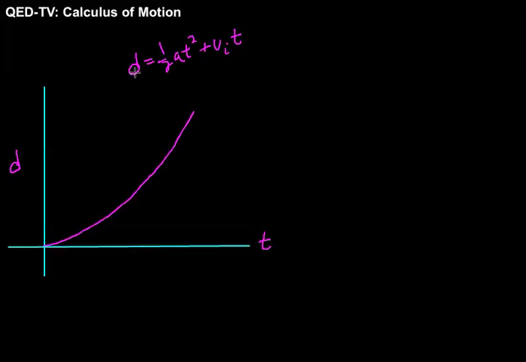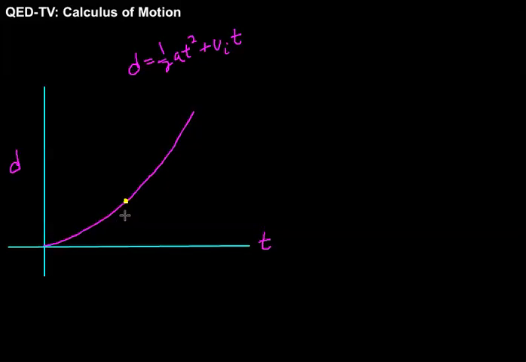We have displacement is a t squared plus a t. The t is our x values here. And so instead of using x and y, we're going to be using our t and our d in our problems here.